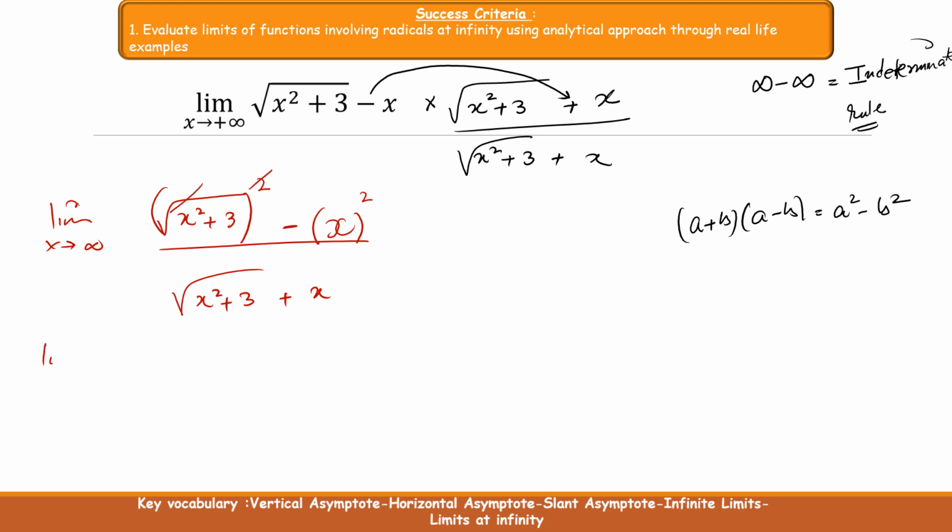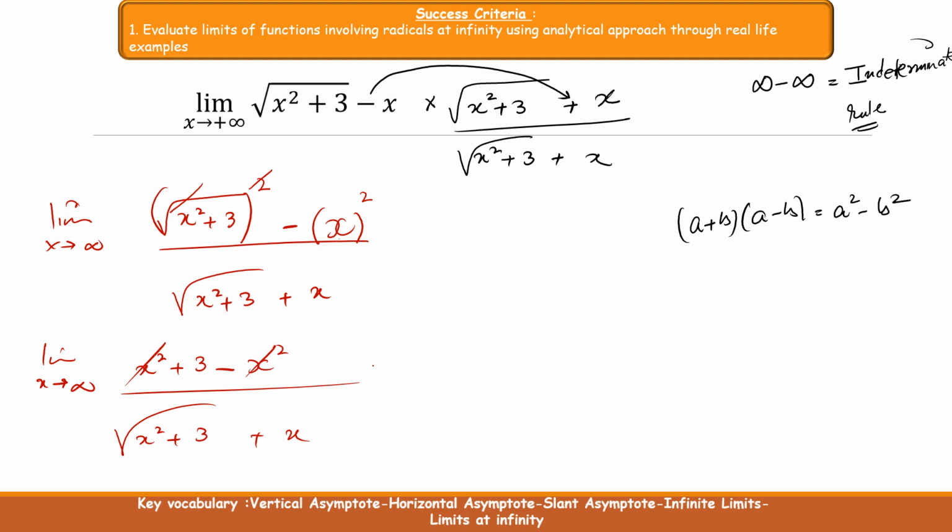We will get x square plus 3 minus x power 2 gives us x square divided by square root of x square plus 3 plus x. Now x square and x square cancel out. So what is left when it is cancelled out? It will be left with only 3 over square root of x square plus 3 plus x.